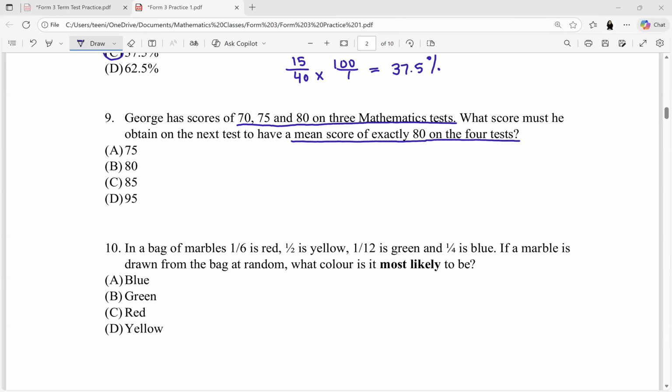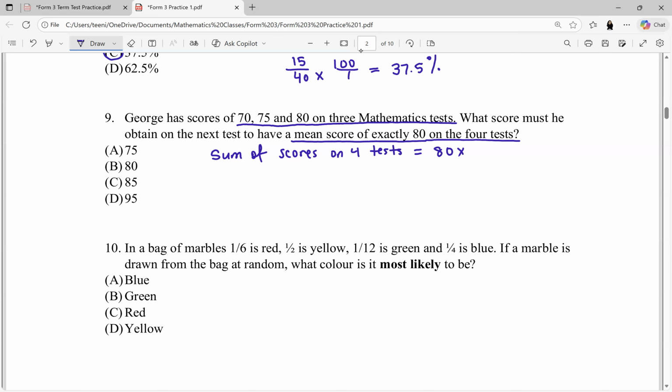So if the mean of 4 tests is 80, then the sum of his scores on 4 tests would have to be 80 times 4, which is 320. So in all, the total marks that he would have to make up would be 320. And now you could just find the difference between the marks that he got and 320.